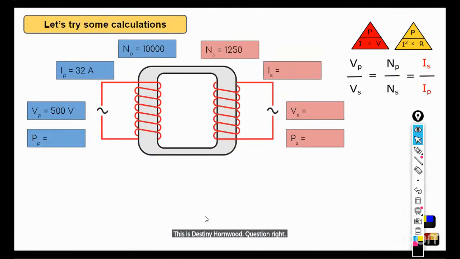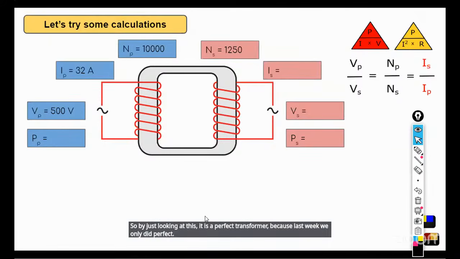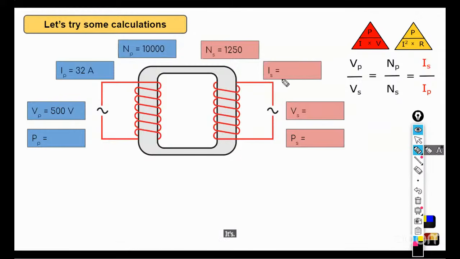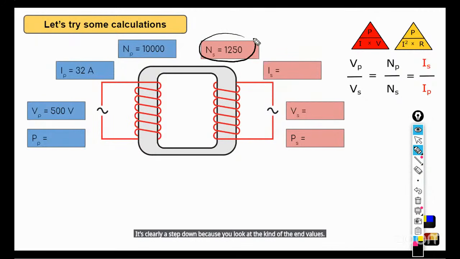Now, quickly, this is just the homework question, right? By just looking at this, it is a perfect transformer because last week we only did perfect transformers. Is this a step up or a step down? It's clearly a step down because you look at the N values, and this value is smaller and this value is larger.